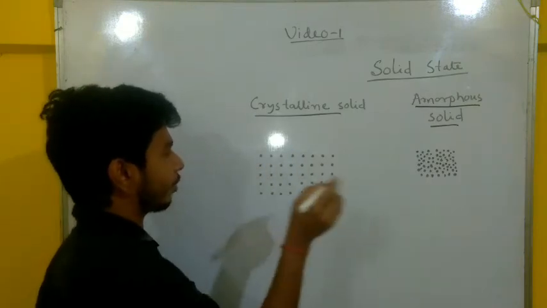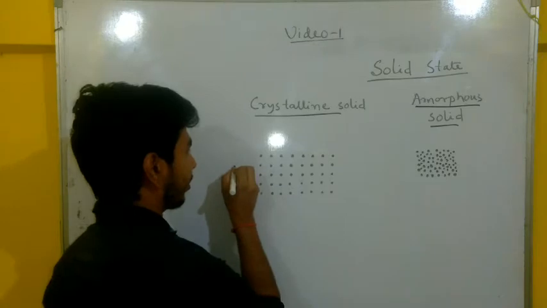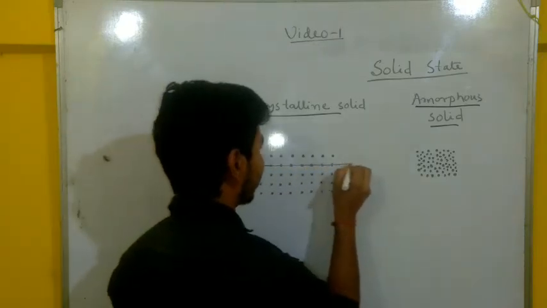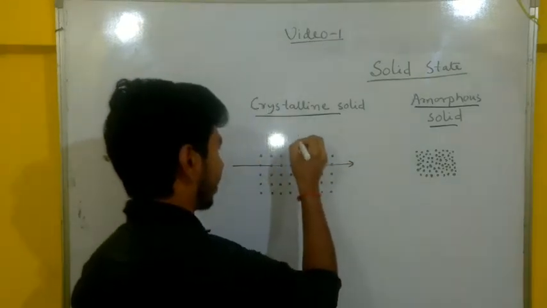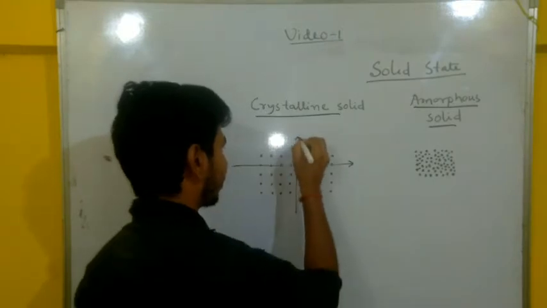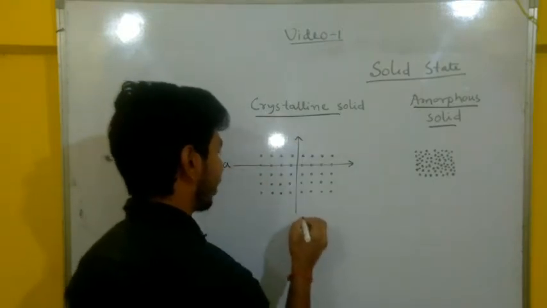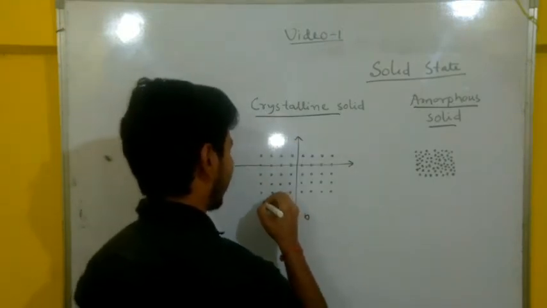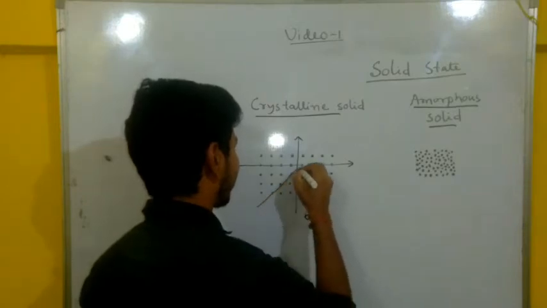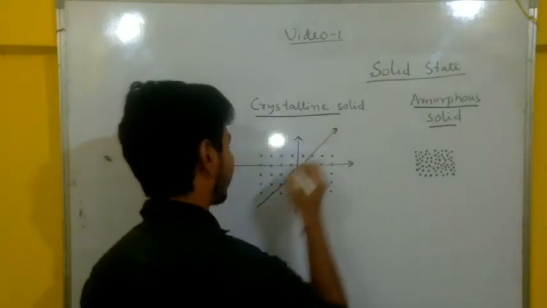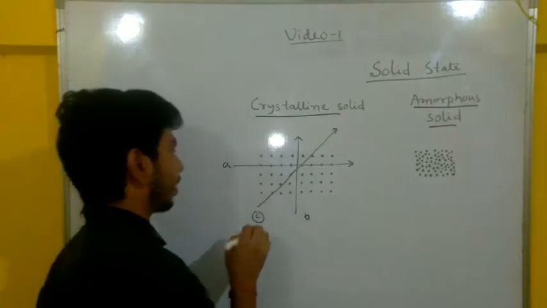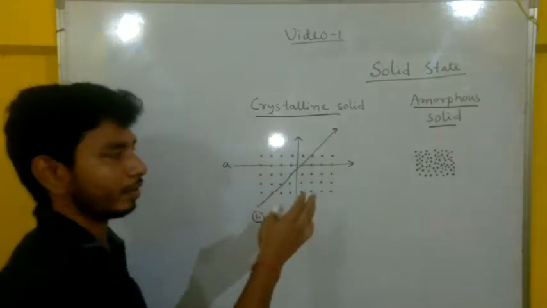we choose a direction, suppose this is one direction, this is another direction, suppose this is direction A, this is direction B. Now suppose this is another direction, let's say direction C. Now there are three different directions.